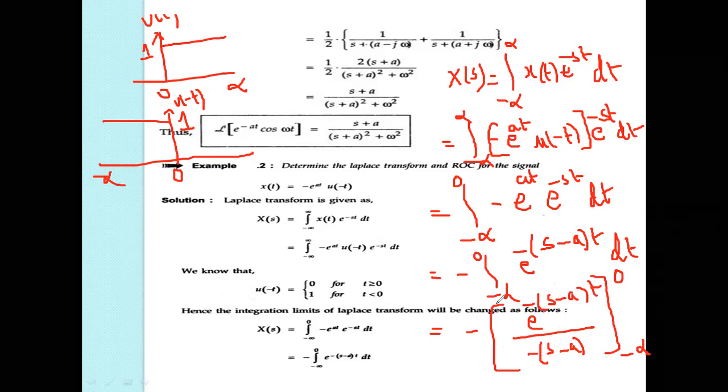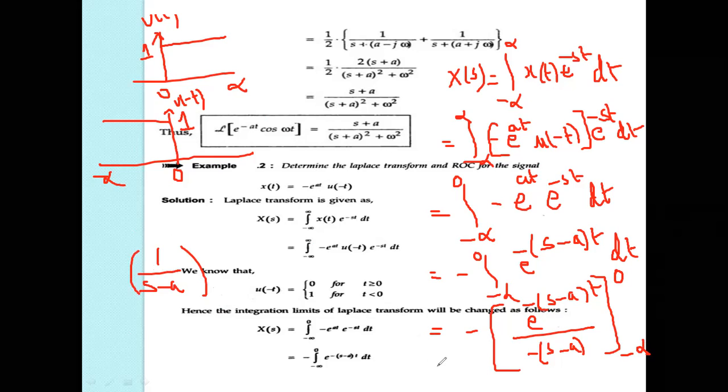Got it? So this minus and minus becomes a plus. Minus into minus is a plus. The upper limit is 0 and the lower limit is minus infinity. At the lower limit, e power minus infinity is 0, and at the upper limit, e power 0 is 1. So 1 by s minus a. So this is for the positive exponential.